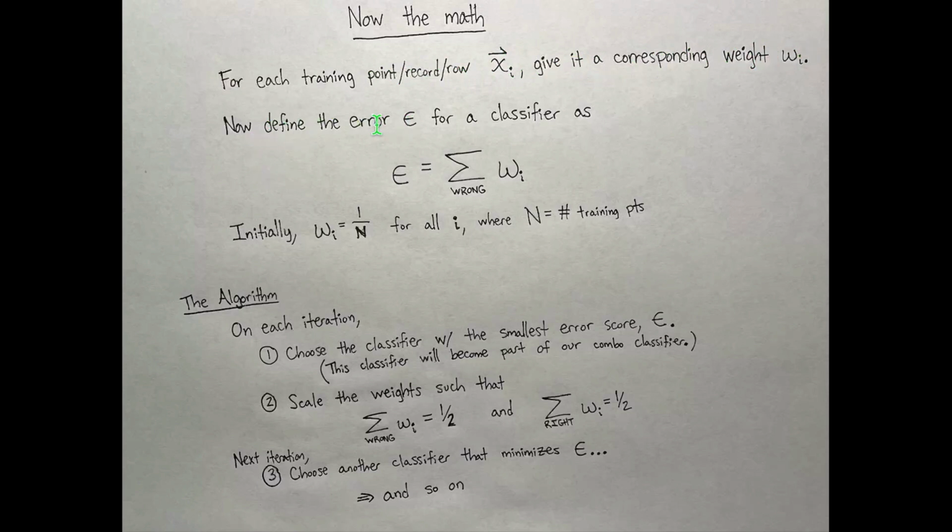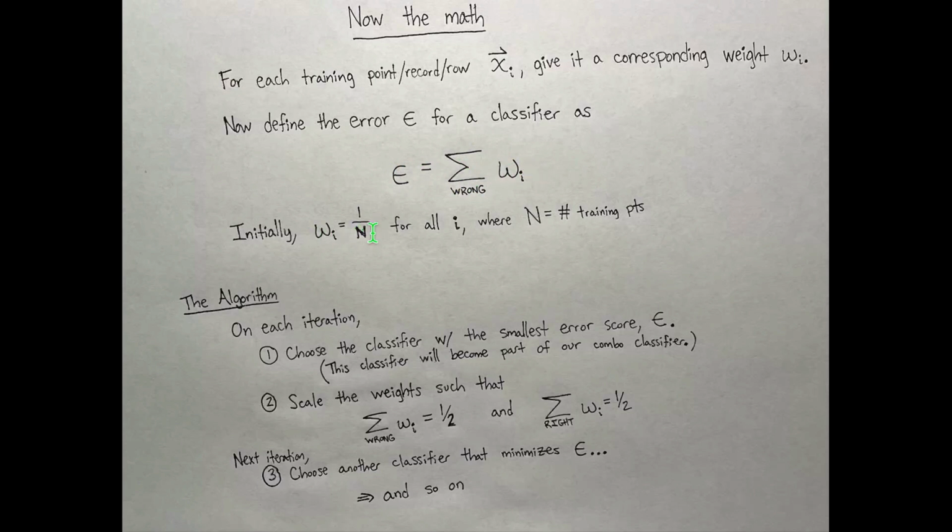And then we're going to define an error score for every classifier: it's just going to sum up the weights corresponding to the data points that it classified wrong. So for each classifier, they're going to have a different error score depending on which data points they got wrong and what the weights corresponding to those data points are.